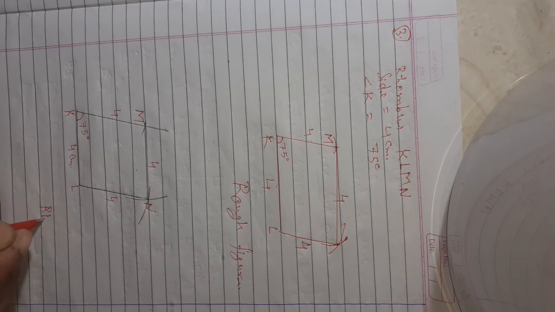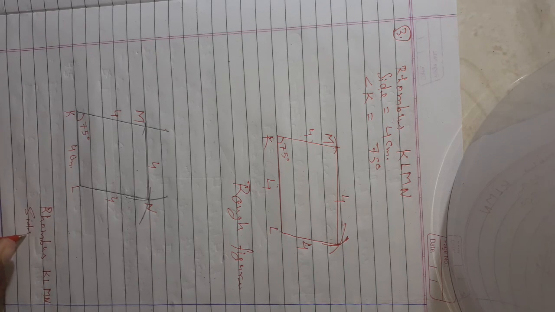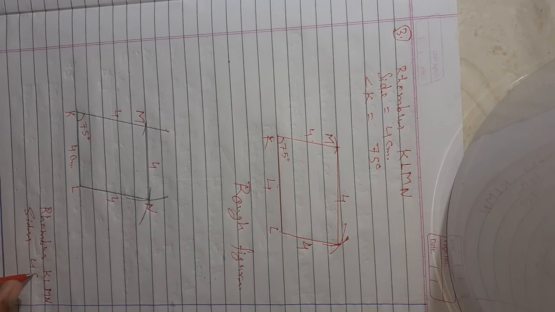So rhombus KLMN, sides 4 centimeter and angle K is equal to 75 degree. Clear?